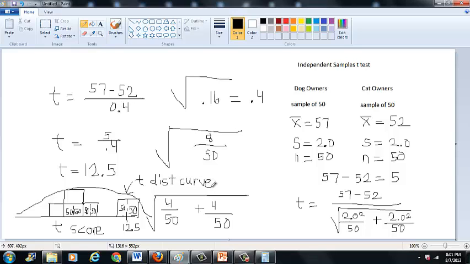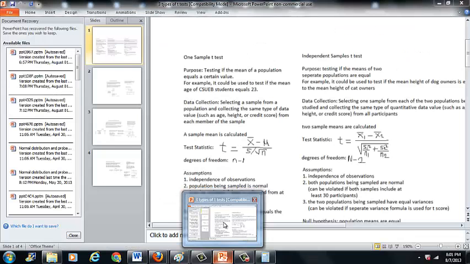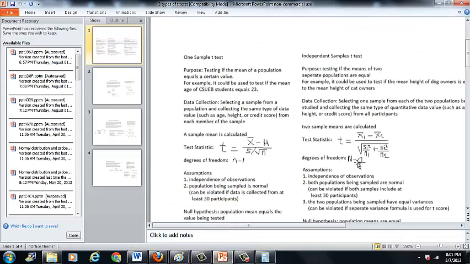With degrees of freedom of, in an independent samples t-test, the degrees of freedom is actually capital N minus 2, which is the total number of people in both samples minus 2.